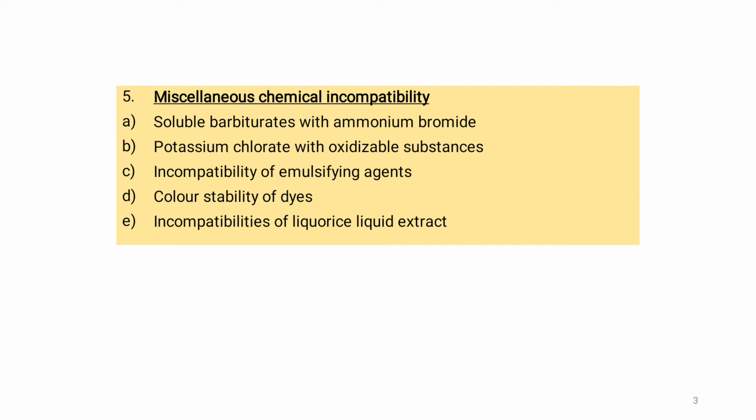Then the last one is miscellaneous chemical incompatibility: soluble barbiturates with ammonium bromide, potassium chlorate with oxidizable substances, incompatibility of emulsifying agents, color stability of dyes, and incompatibilities of liquorice liquid extract.